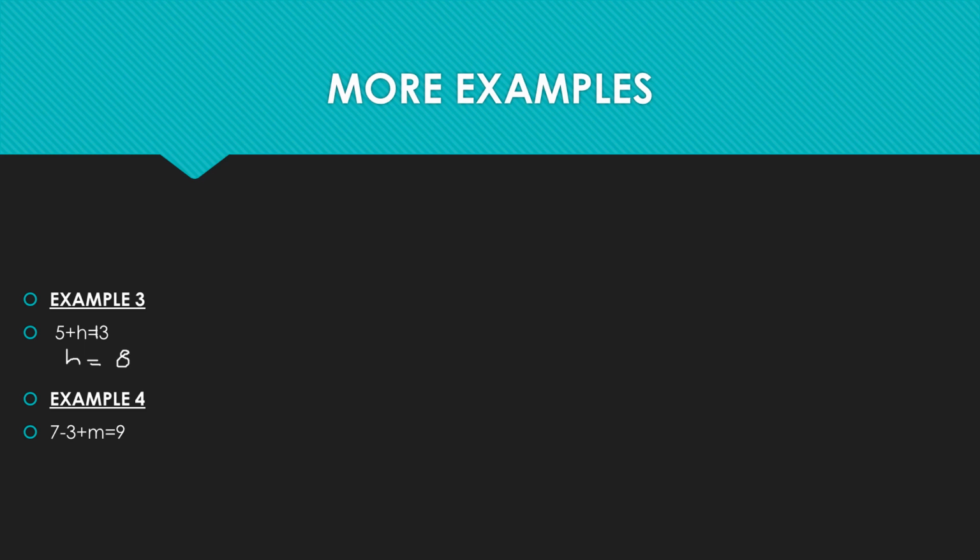Our last example is 7 minus 3 plus m is equal to 9. So first of all, we work out this one. 7 minus 3 ni rahisi, hii kila mtu anaweza fanya. 7 minus 3 jibu ni nini? Jibu ni 4.